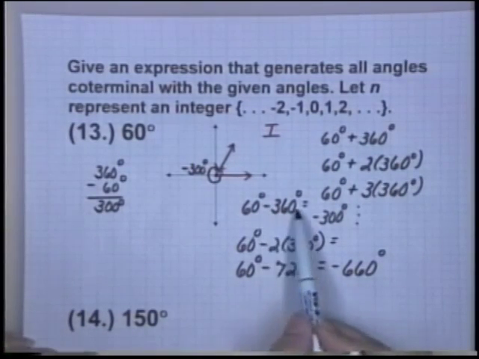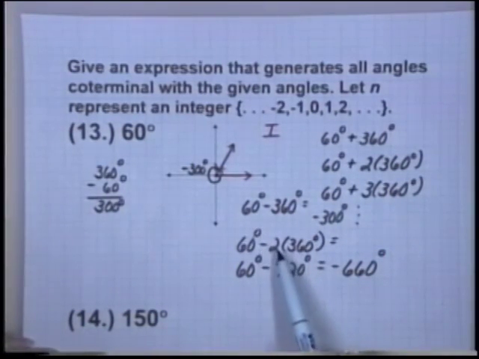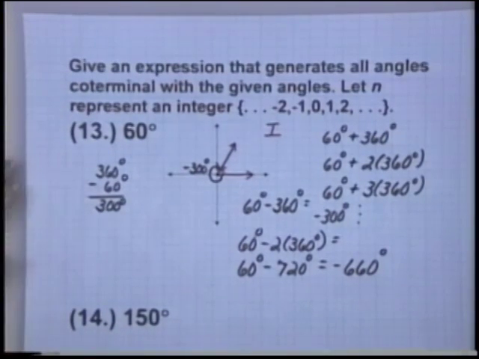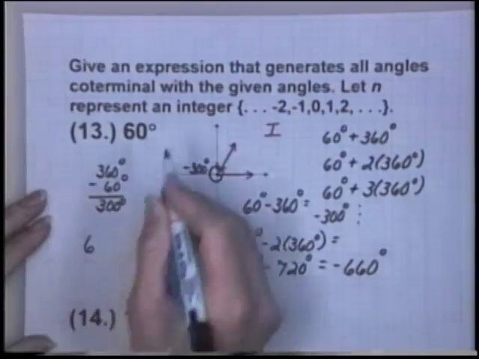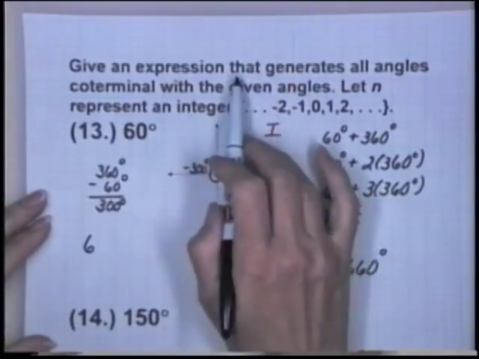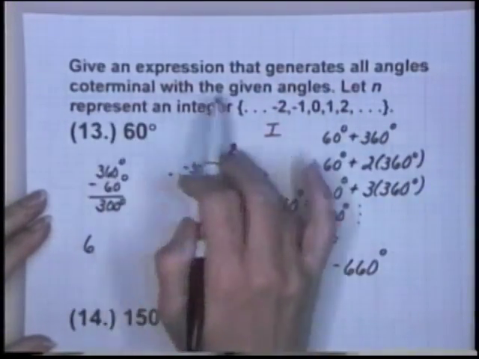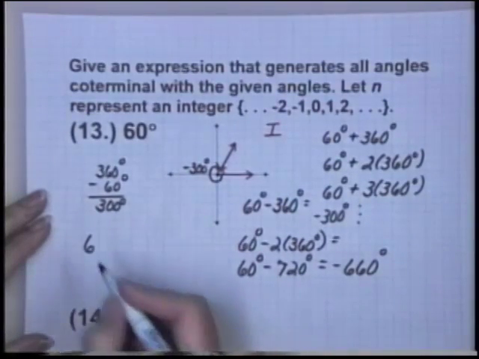Here we subtracted 1 times 360. Here we subtracted 2 times 360. To say that, notice how it says, give an expression that generates all angles coterminal with the given angles.